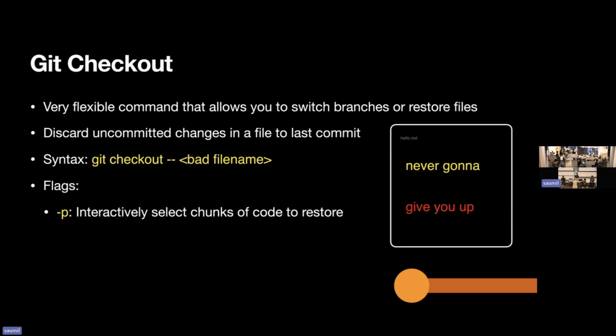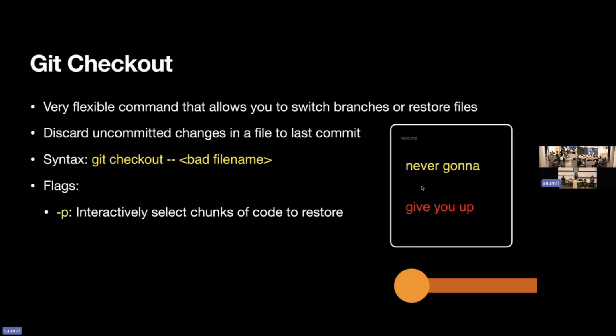If you write your code and realize it's not working anymore, and you want to roll back to your last checkpoint in which your code was working, you'll use git checkout to discard uncommitted changes in a file back to your last commit.